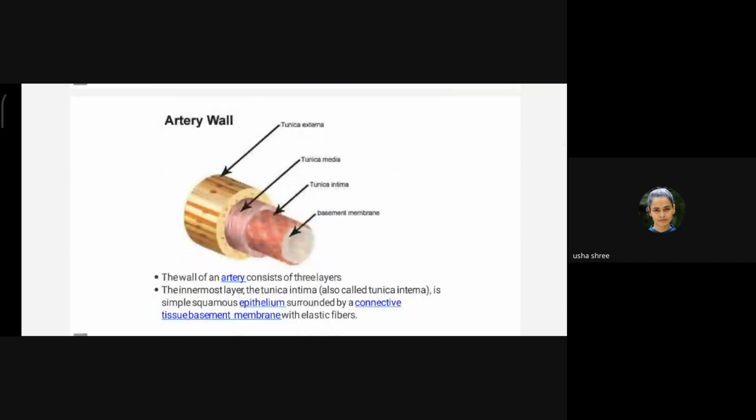Okay, now you can see the structure of the artery wall. The wall of an artery consists of three layers. The innermost layer, the tunica intima, also called tunica interna, is simple squamous epithelium surrounded by connective tissue basement membrane with elastic fibers. So the innermost layer is known as tunica interna.